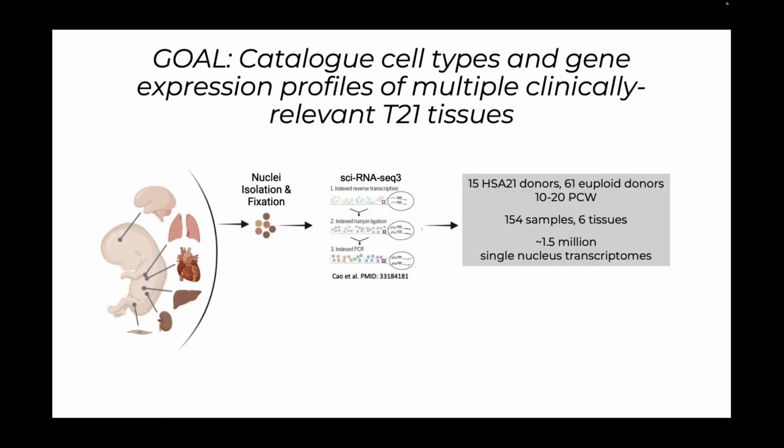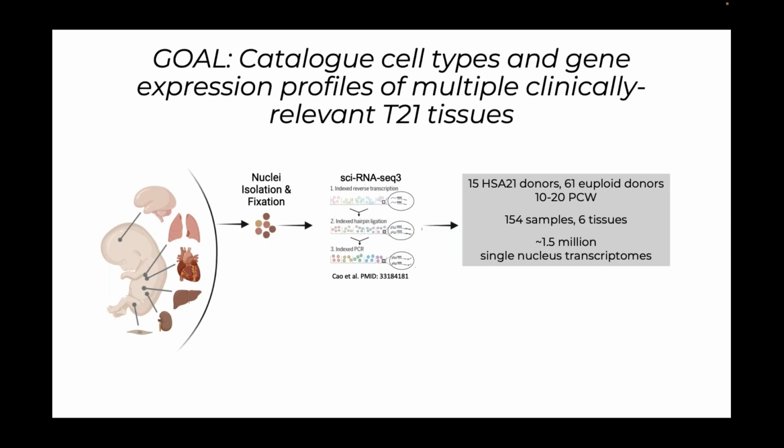Our goal was to investigate the dysregulation and cell type representation among several different organs in prenatal development for trisomy 21. So we identified a series of specimens for cases that were verified to contain chromosome 21, as well as a set of specimens that were sex and age matched to the chromosome 21 cases.